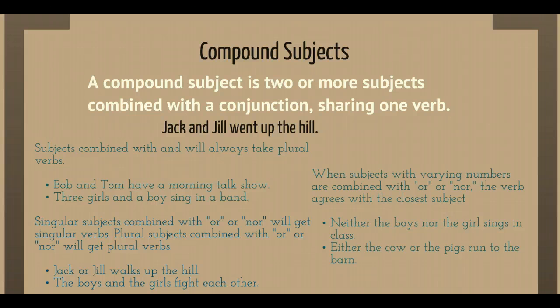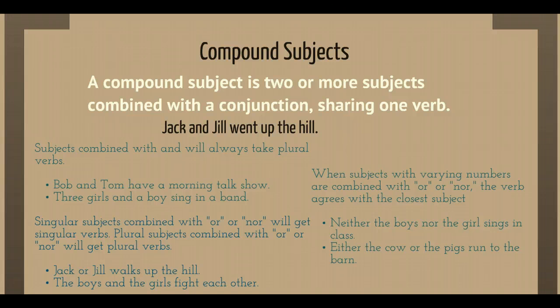Now over to the right, you can see our last little compound subject deal, which is the special case. So when subjects with varying numbers are combined with or, nor, the verb will always agree with the closest subject. So neither the boys nor the girl sings in class.